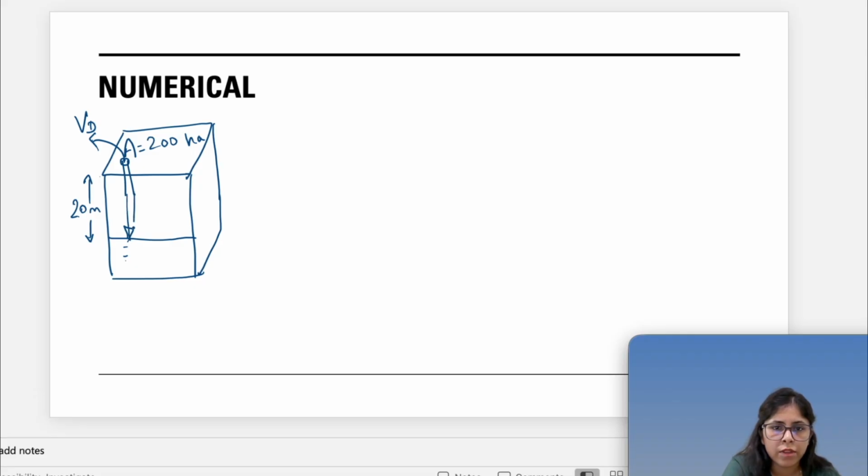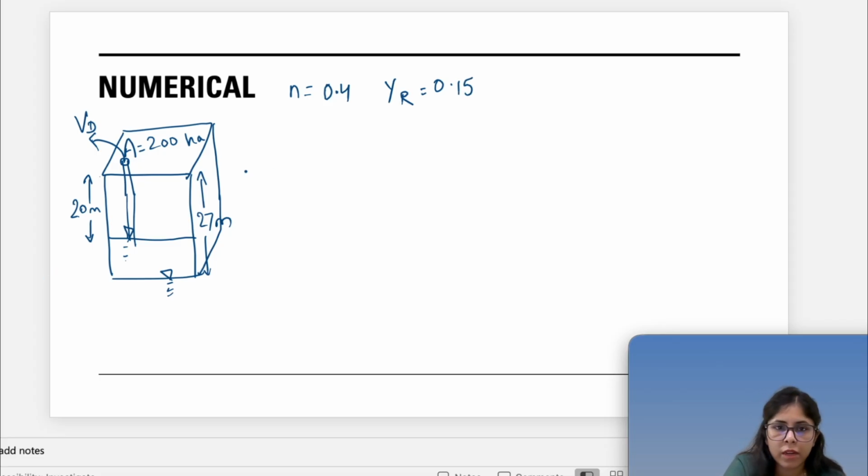Obviously it will go till here, and we have drained it out. After that the water table drops down and goes to 27 meters. And we are given that the porosity of this soil is 0.4 and specific retention is 0.15.